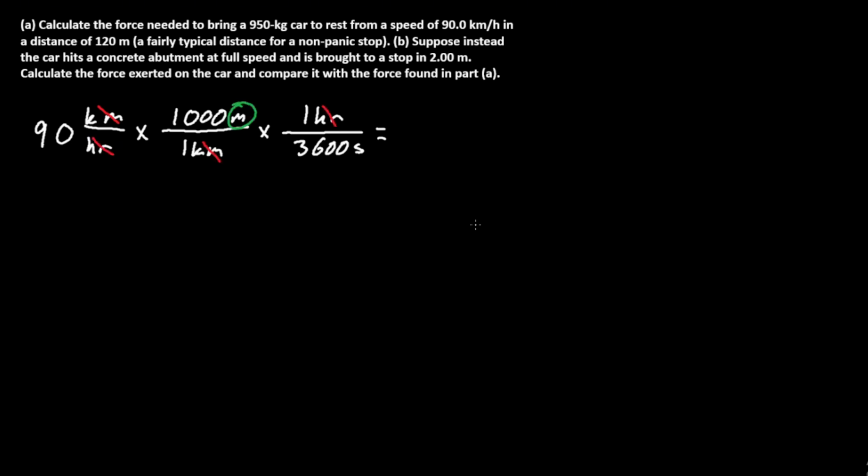We get left with meters and seconds as our unit, and the answer is 25 meters per second for our initial speed, so this is v initial. Now that we have that in the right unit, we also have the distance traveled, which, when calculating work, is equal to 120 meters.